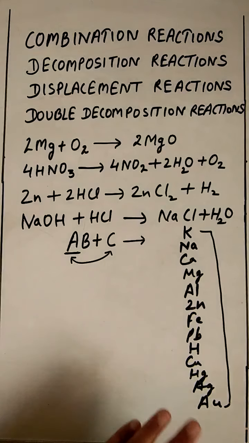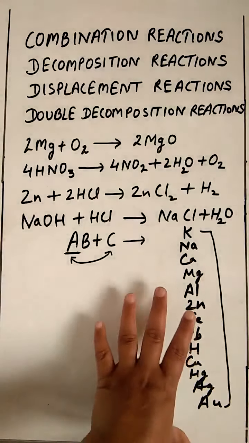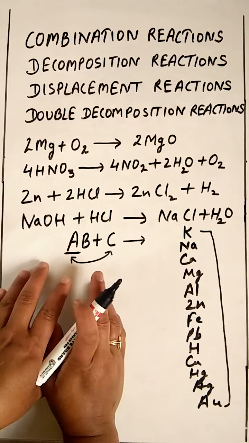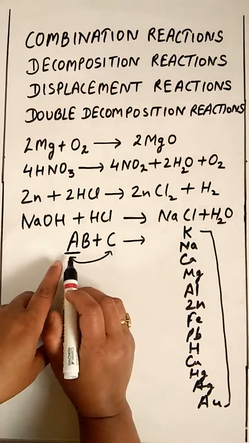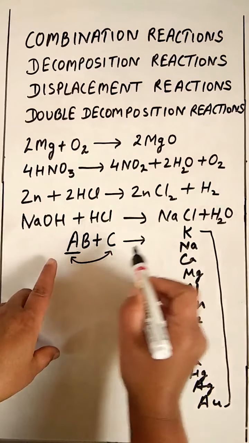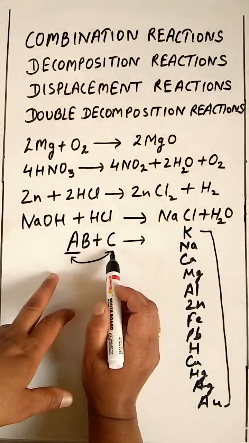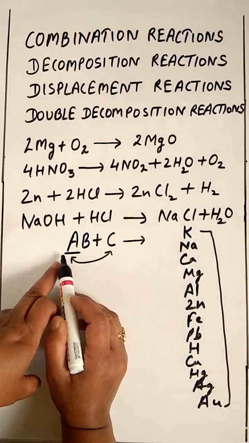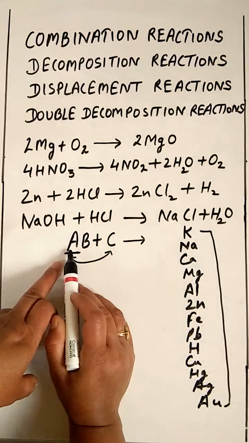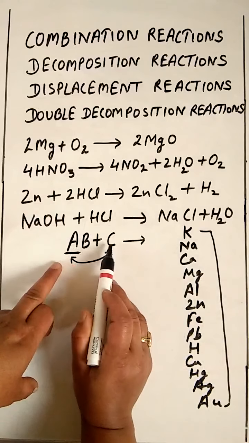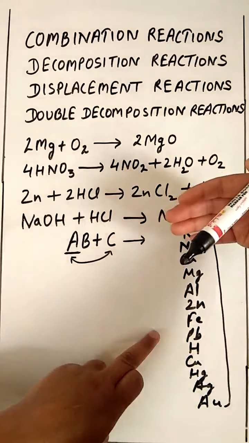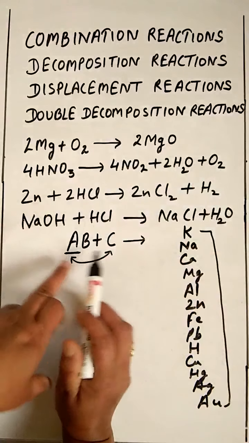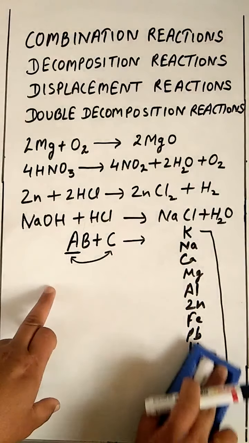Clear to everyone? Now, based on this series, we will study displacement reactions. Suppose C, any metal for the time being, is at a lower position in comparison to A. Then C will not be able to displace A. But if C's position is ahead of the position of A, then C will be able to displace A.